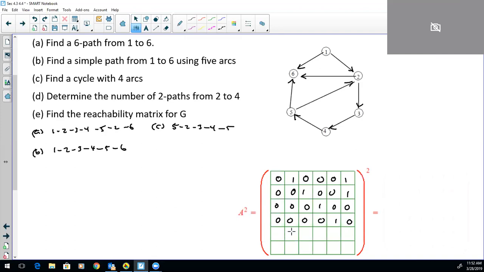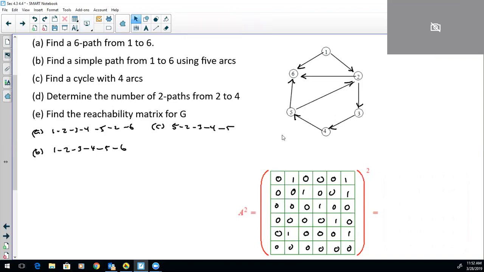And 5, okay, there's no arc from 5 to 1. There is one from 5 to 2, but 5 to 3, nope. 5 to 4, nope. 5 to 5, nope. 5 to 6, yes. And finally, 6, no arc comes out of 6. So that's just a row of zeros. Okay. So there's your adjacency matrix.